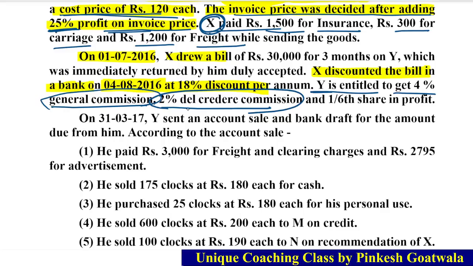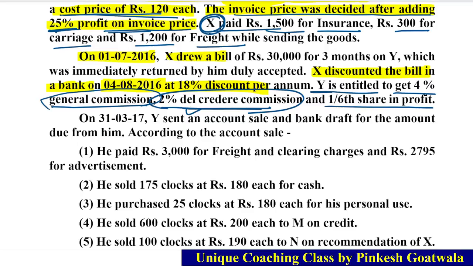And one more point we have learned in a previous video about del credere commission. If in a question del credere commission is given, in that case what we have to remember, if there is a bad debt on a credit sale, we don't have to give any effect of that. Okay, જો credit sale ની bad debt હોય તો આપણે કોઈ effect નહીં આપીશું in case of del credere commission. Del credere commission હશે તો credit sale ની જે bad debt છે તેનો કોઈ effect નહીં આવશે.